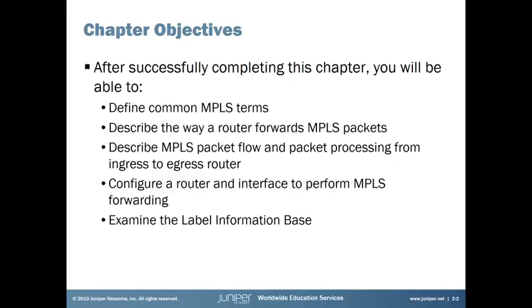Now, it could also be traffic that is coming in from a customer of that provider and going out to a customer. For example, in the situation of a VPN, where you may be providing a VPN service to your customer, it may be coming in from one customer's site and exiting out to another site of that same customer. So you're actually providing the connectivity between the various customer sites.